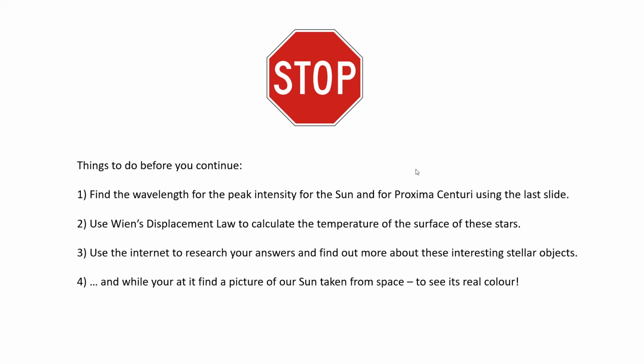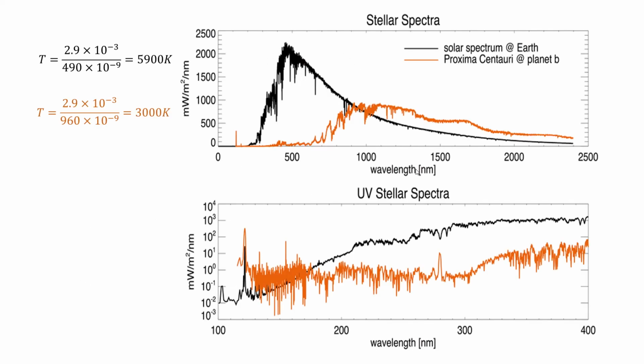Okay, I'm going to move on and show you my answers now. Here we go. So I did that exercise, drew those lines down, and found the wavelength at which the maximum intensity of radiation was produced. There they are: 490 nanometers, times 10 to the minus 9, for our star, the Sun.